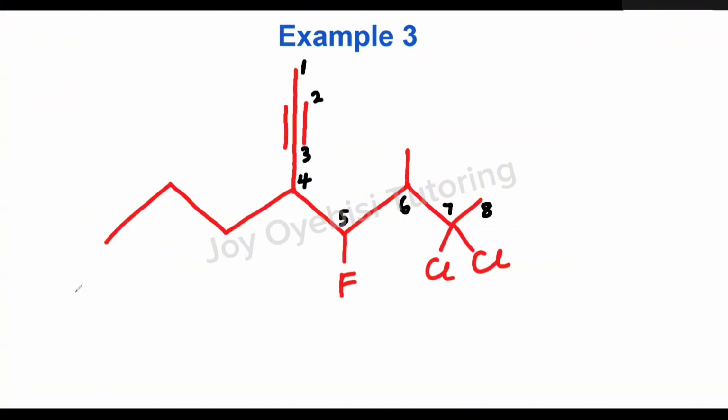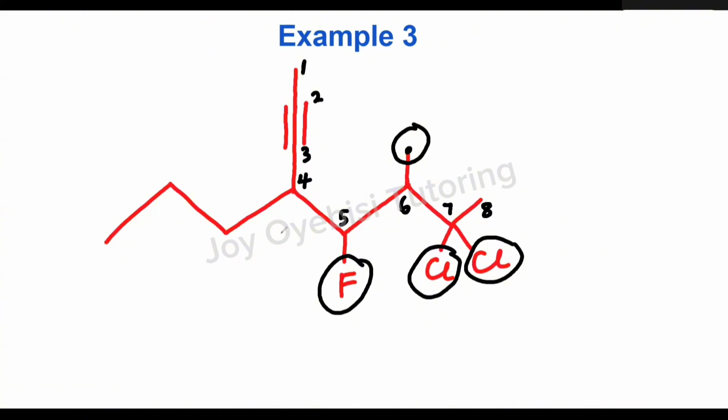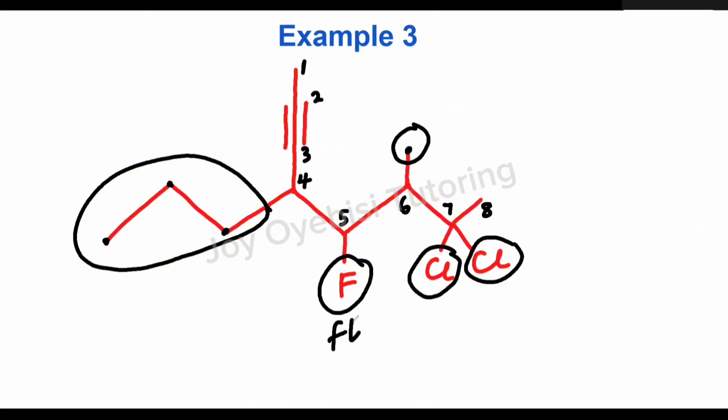Identify your substituents. This is a substituent, these two are substituents, and this is a 1 carbon substituent. Also, on this side, we have another substituent, and this is 1, 2, 3 carbons. So now let's name our substituents. This is fluoro. Chlorine becomes chloro.